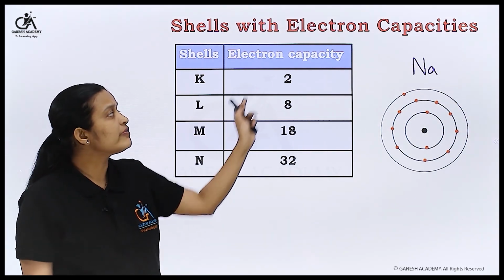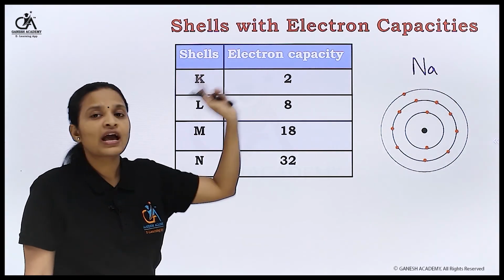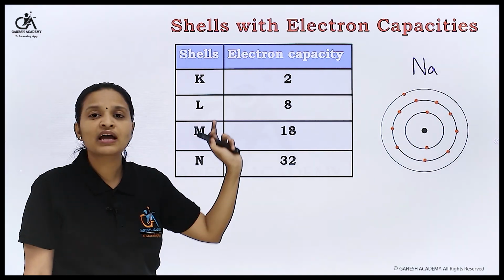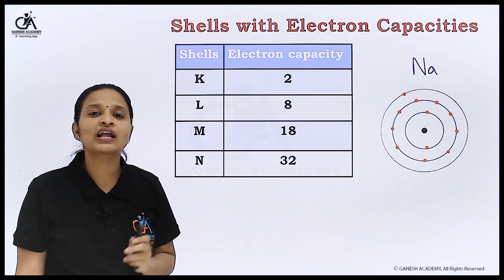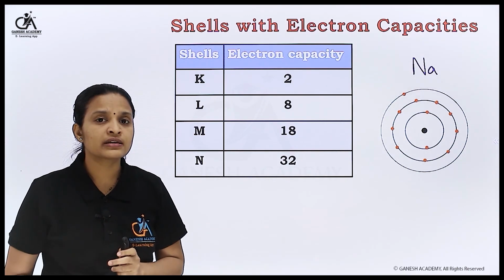So how do we decide that the first shell has an electron capacity of only 2, the second only 8, and the third 18?